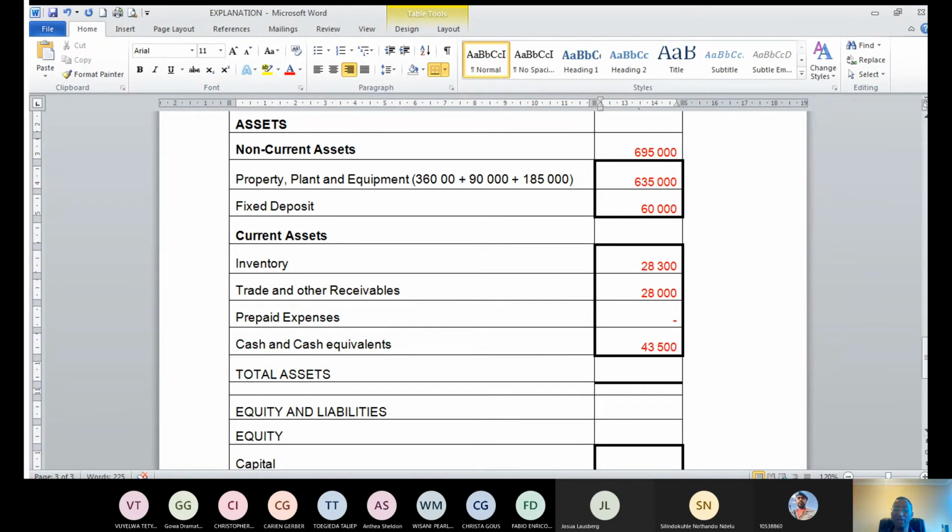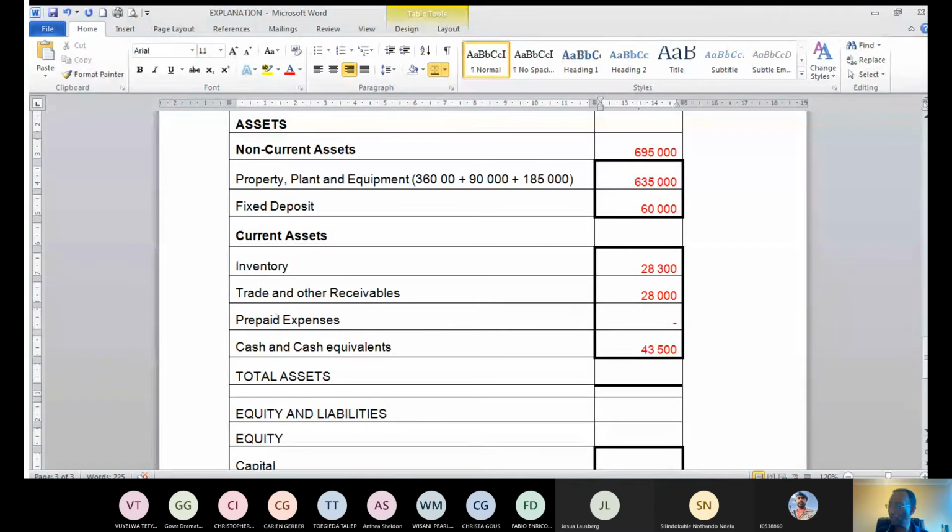Remember, cash and cash equivalents can consist of bank and petty cash and a cash float. But in this activity, we've only got a bank with a debit balance. So our cash and cash equivalents is 43,500. We block all of that into one block, and our current assets, therefore, is the amount of 99,800 rand.